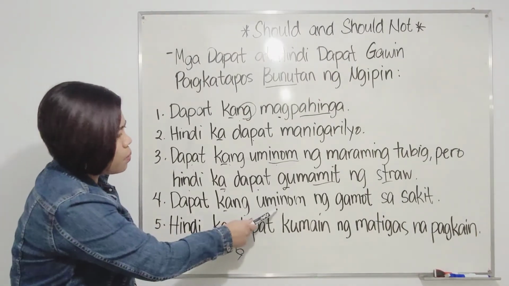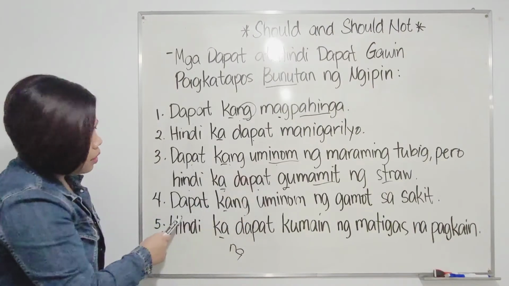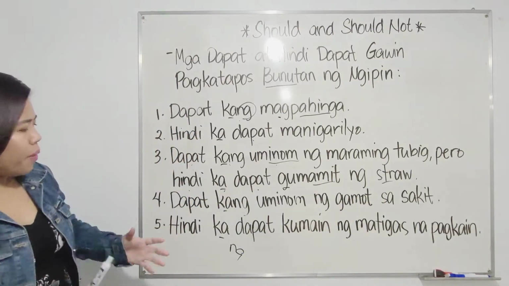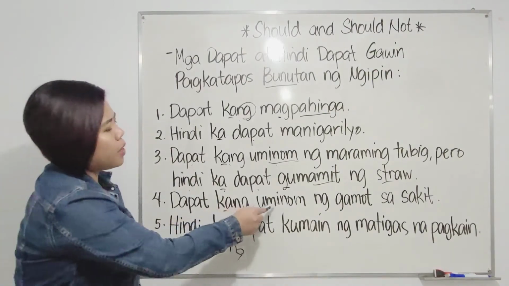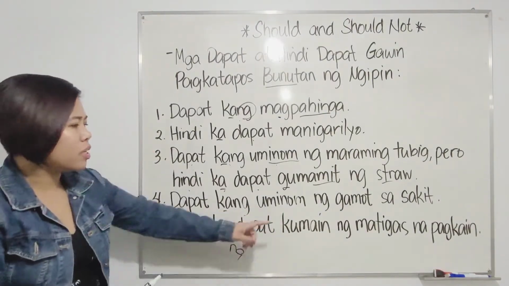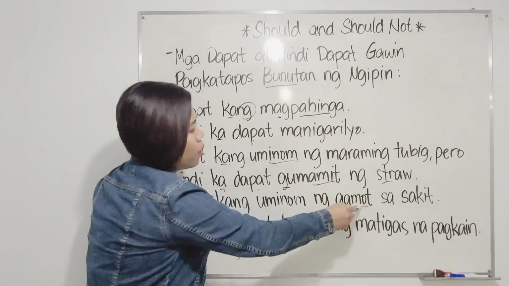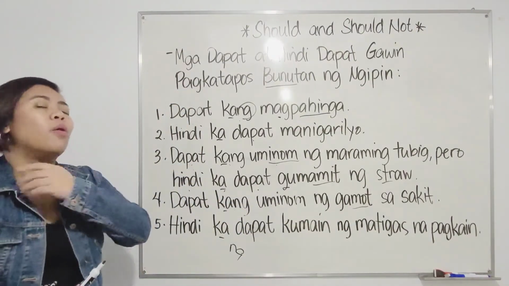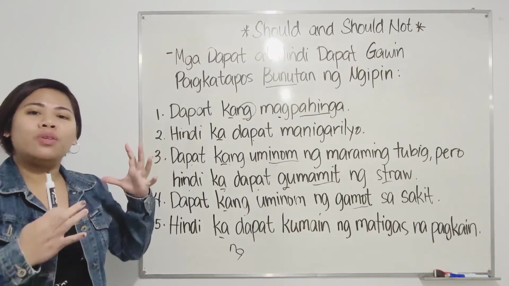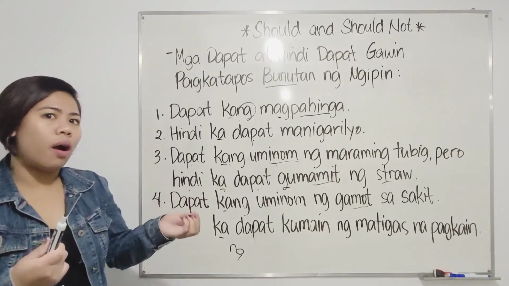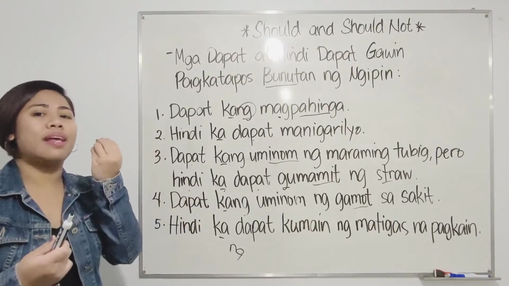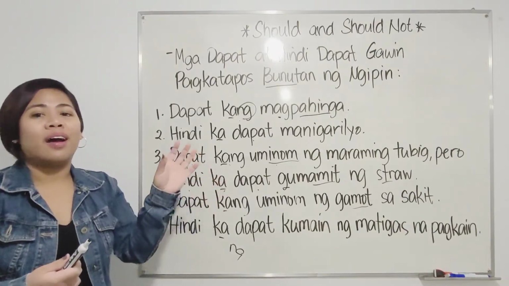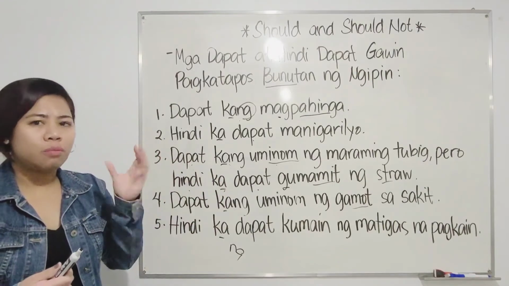Okay, number 4, positive statement again. Dapat kang uminom, so same, uminom. Dapat kang uminom ng gamot sa sakit. Now, so you should uminom, you would say drink, but actually, we are talking about gamot. Gamot is medicine. So in English, when you drink water, you use the verb drink. But when you are referring to a medicine, you say take, right? You take a medicine, drink it, drink the water, and then with the medicine.